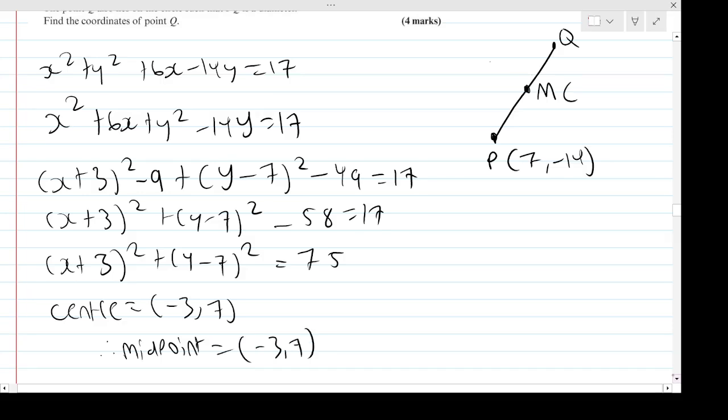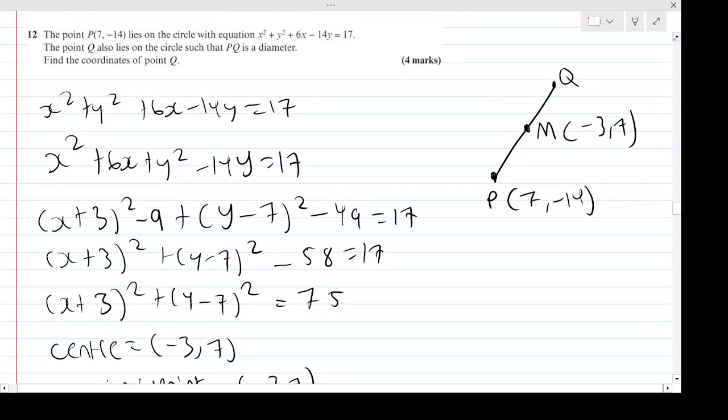Therefore, I can fill this in to be minus 3, 7. But then I can work out the coordinates for Q, because I can work backwards to work out the midpoint. So remember, if I call Q, again, let's say a point (x, y), then I can say the midpoint between P and Q is adding the x coordinates and the y coordinates together.